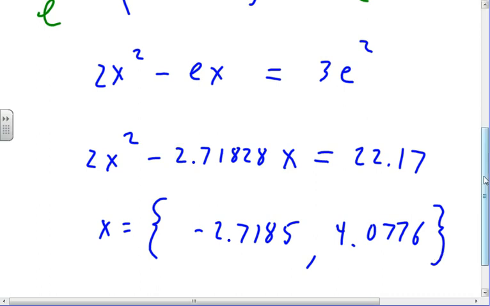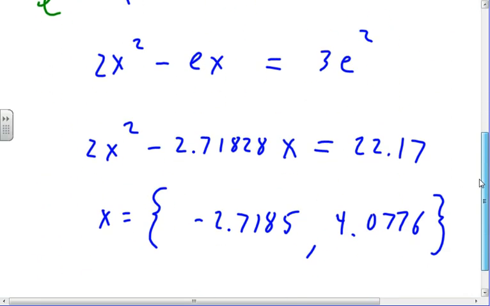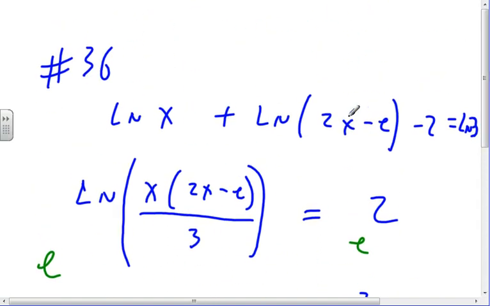So if x happened to be the negative 2.7, then that's not allowed. So we'd cross that out. But the 4.0776, if I put that in, I'm going to end up with positive arguments for my logs. That's perfectly okay.